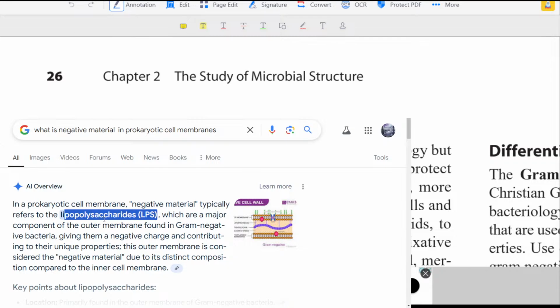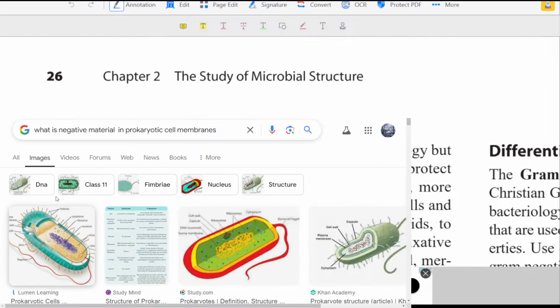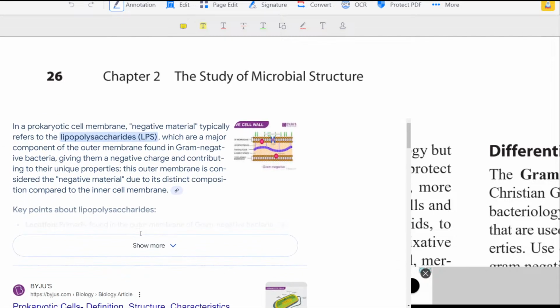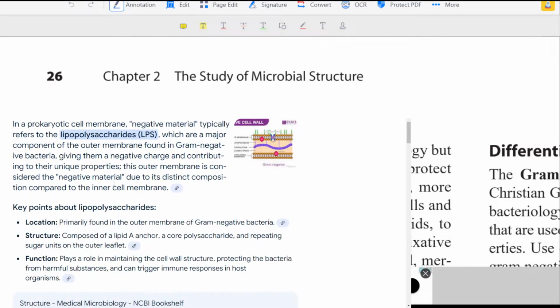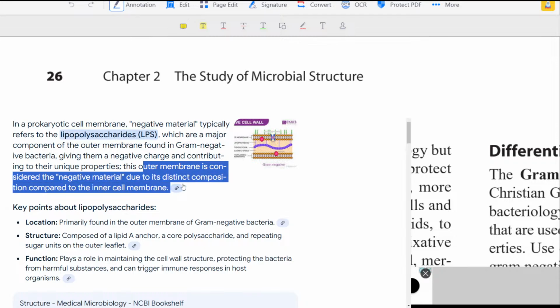Oh, yeah. It does have phosphate groups, don't they? Wait, they did give an explanation for it. The outer membrane is considered the negative material due to its distinct composition compared to the inner cell membrane.